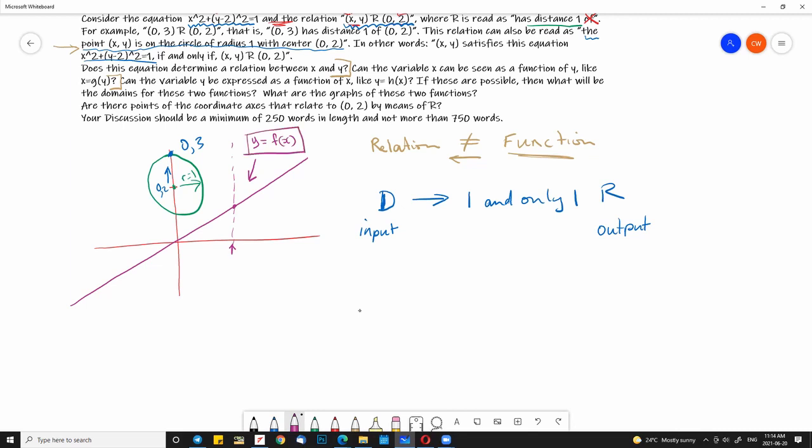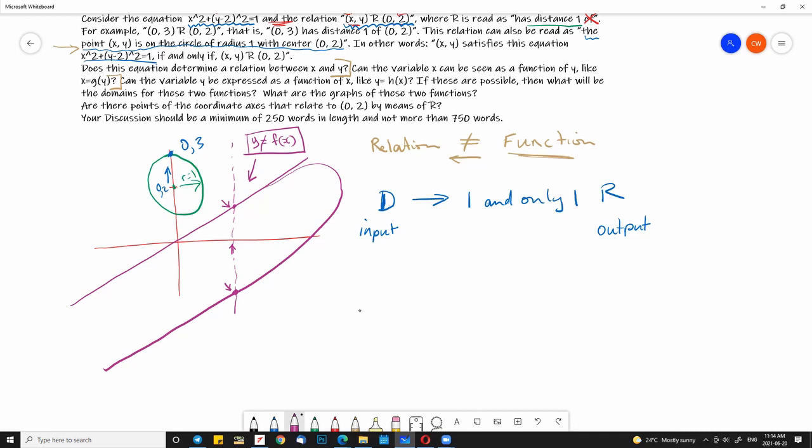If for some reason this graph goes on to double back on itself like this, then one input will give more than one output. In this case, we cannot say that y is a function of x.